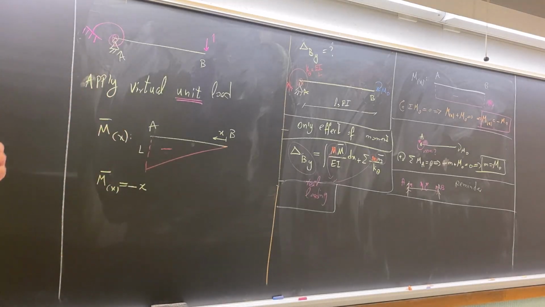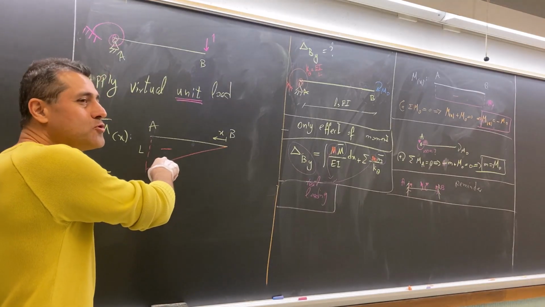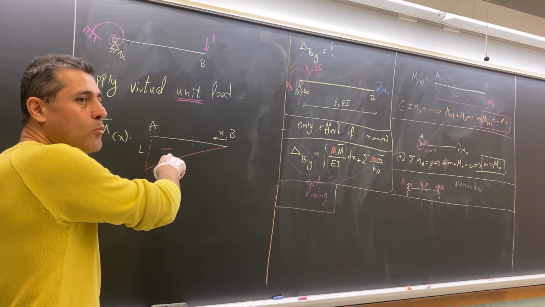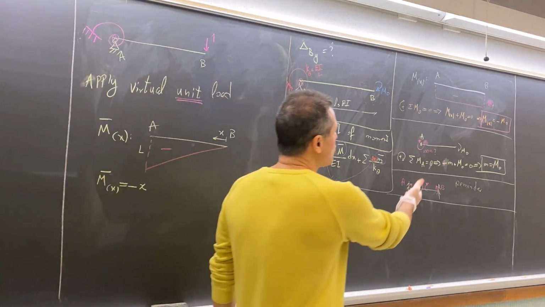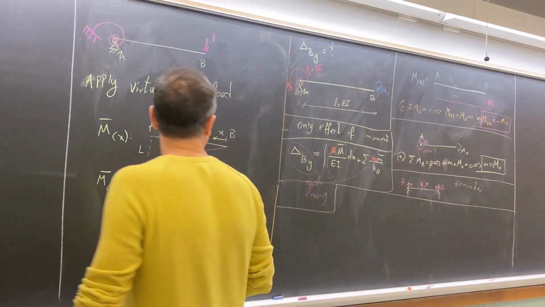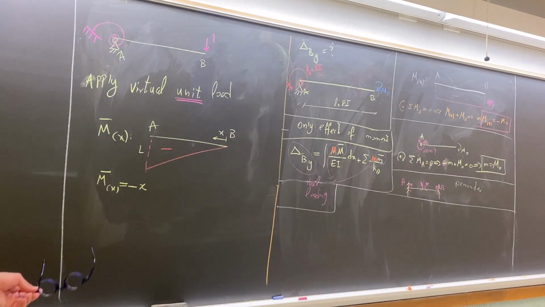Again, you don't need to write the equation, but just for clarification. Remember, when you want to integrate, you just need the drawing. Remember Moore method? Moore method didn't give you the equation. It was just drawing. So as long as you have this drawing and this drawing, you're fine.